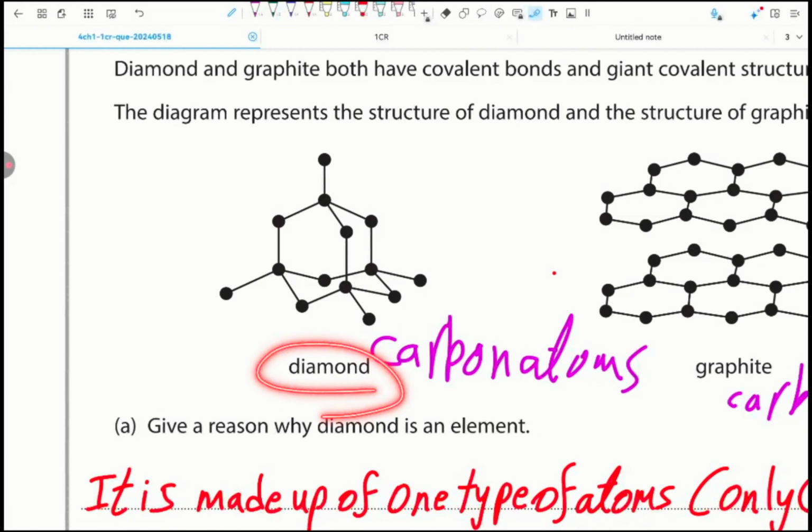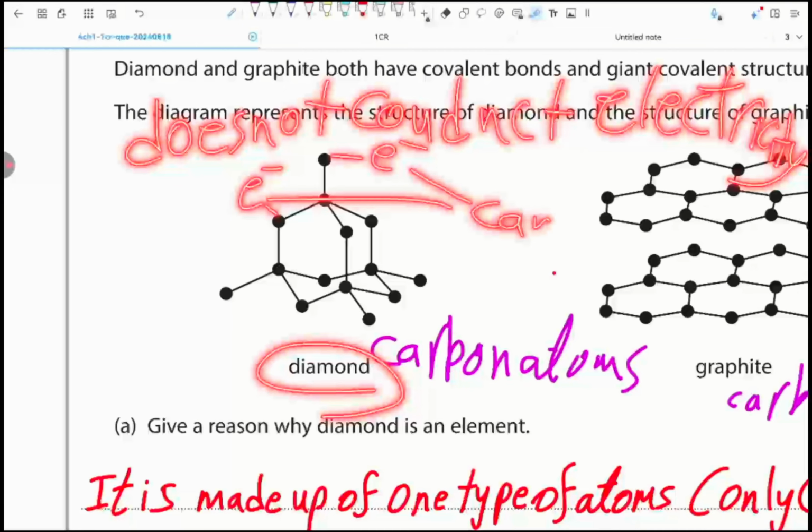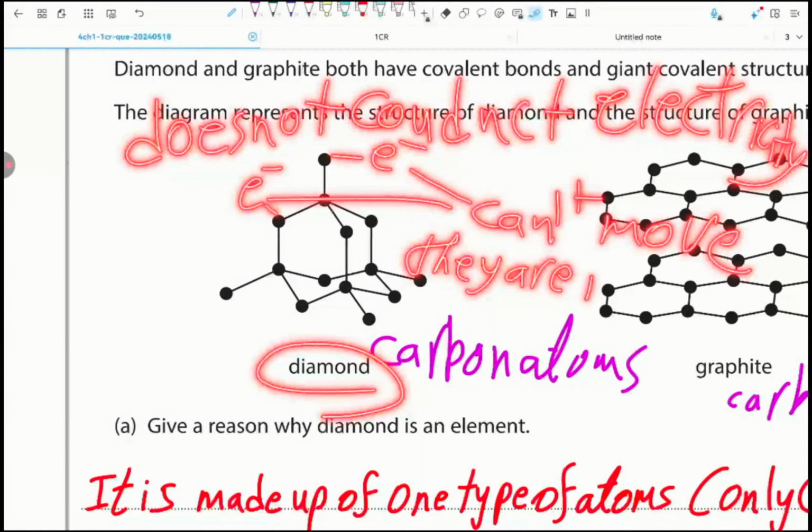While diamond doesn't conduct electricity. Why? Because generally, my friends, the electrons here and electrons here, they cannot move, and they are not delocalized.